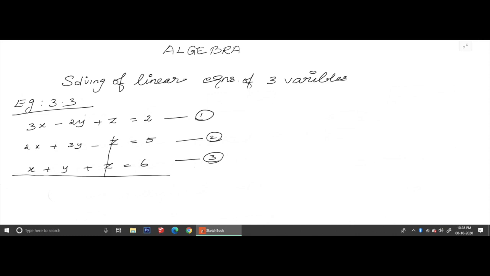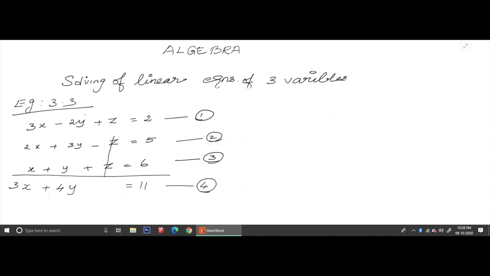And what is left? 2x plus x, it will be 3x. 3y plus y, it will be 4y, which is equal to 5 plus 6, it is 11. Now you can name it as equation number 4. That is, we are reducing equation 2 and 3 to equation 4 with 2 variables.